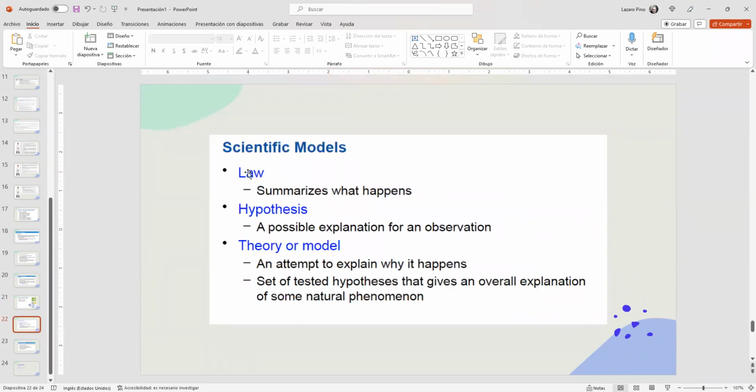Here it is important to know what a law is, what a hypothesis is, and what a theory or model is. Then you can stop the video and read here in order to know what each one of them is.